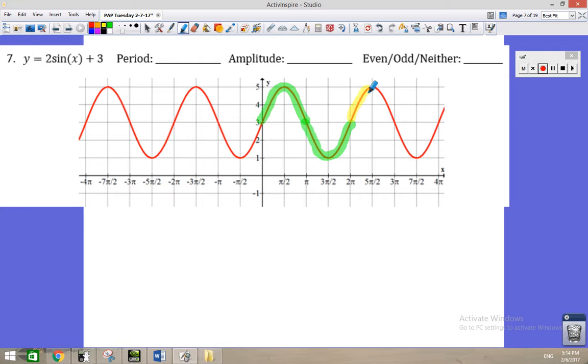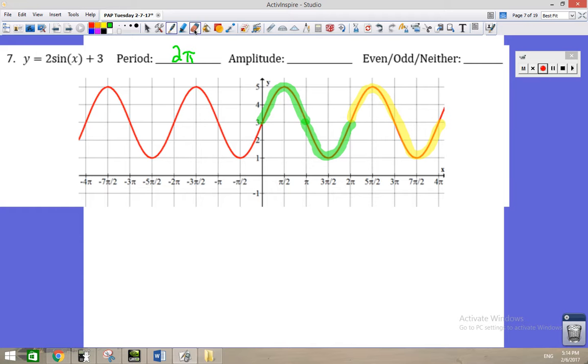It goes up and comes down and then goes to there again. So the distance from this x-coordinate to this x-coordinate, 2 pi minus 0, this is 2 pi. Or if I started here at 4 pi minus 2 pi, 2 pi. So the period is 2 pi that I'm just inspecting from the graph.